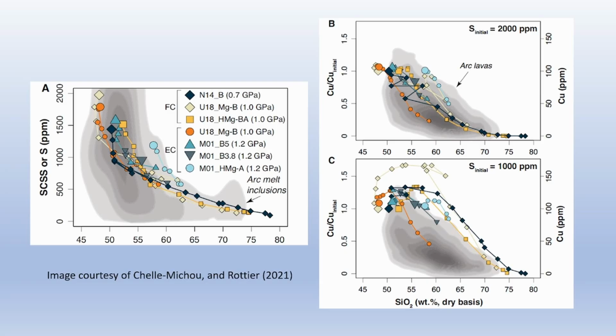But if the magma has just the right sulfur budget and evolves carefully, it preserves copper until it really matters, when it can exsolve into hydrothermal fluids and start building ore. So next time you think about porphyry systems, remember that the battle for copper is often won or lost deep underground.